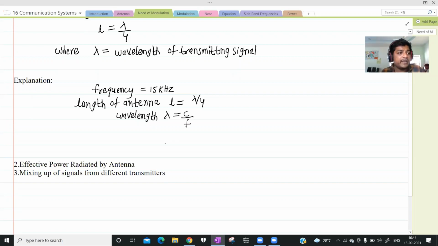Here C is 3 into 10 power 8 meter per second, divided by the frequency, 15 kilohertz, which is 15 into 10 power 3 hertz. Hertz is nothing but second inverse.